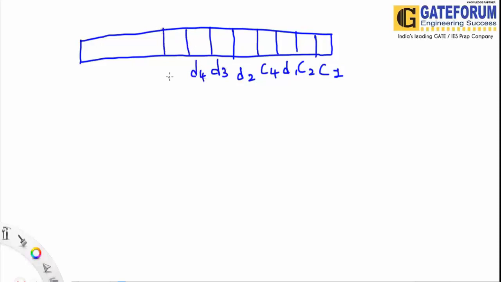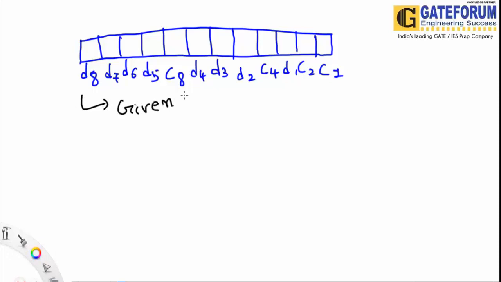Post which we are having C8. Then we are having D5, D6, D7, and D8. This is the given format, and we are storing all the data in that particular given format.